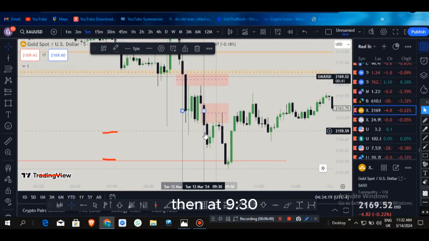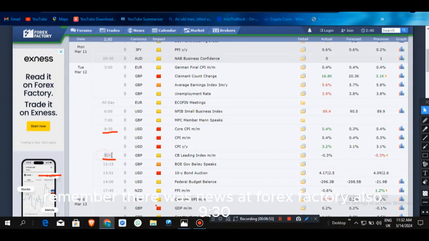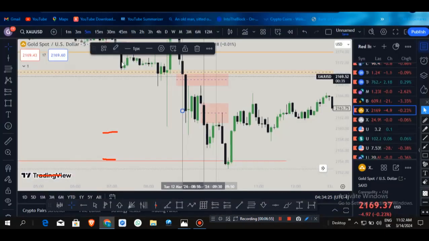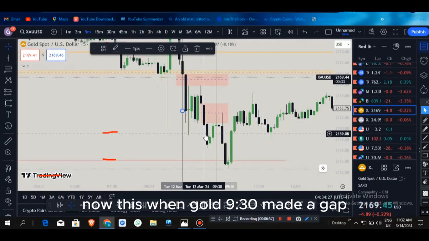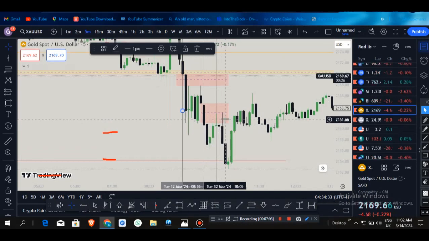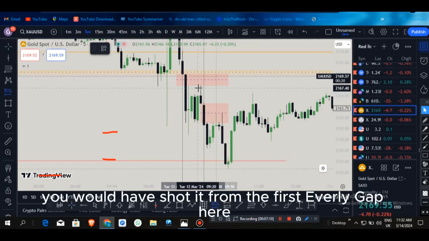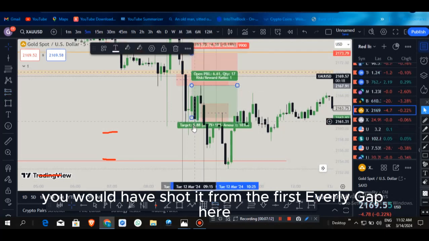Then 9:30. Remember there was news at Forex Factory also. Now this swing in gold at 9:30 made a gap. So this gap was to be retraced at the news of 10. Then they went down. So you would have shorted from the first heavy gap here.